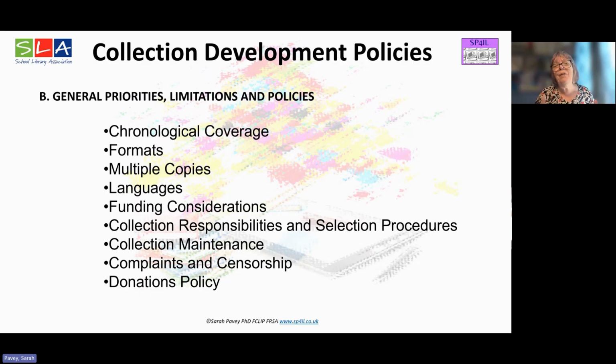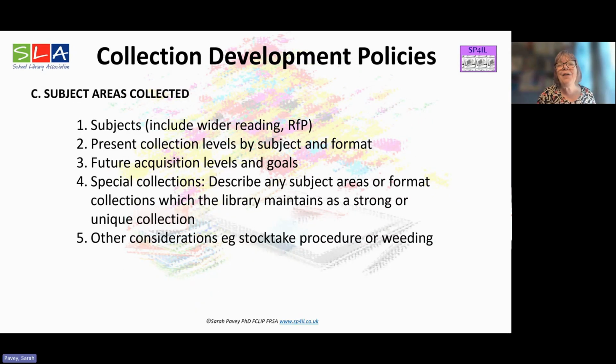It's going to be about how you prioritize things, how you impose limits on things, how you're going to spend your money, how you're going to maintain it, and how you deal with censorship and complaints, as well as your donations policy, because those two may be linked together at some points as well. The third bit is about how you look at the subjects that you've got, including your extracurricular, including your reading for pleasure.